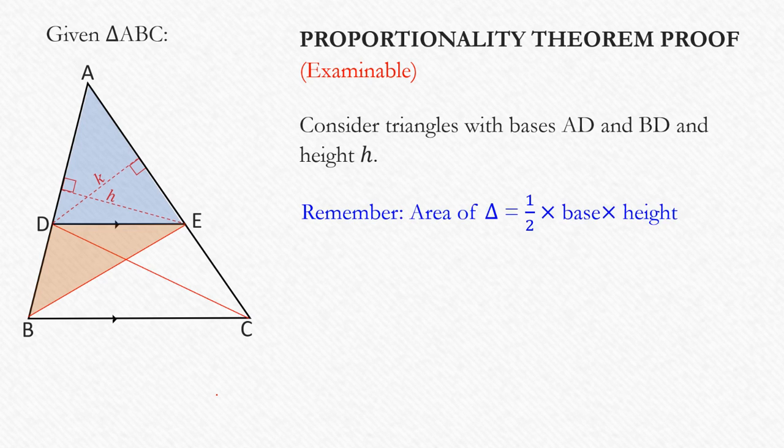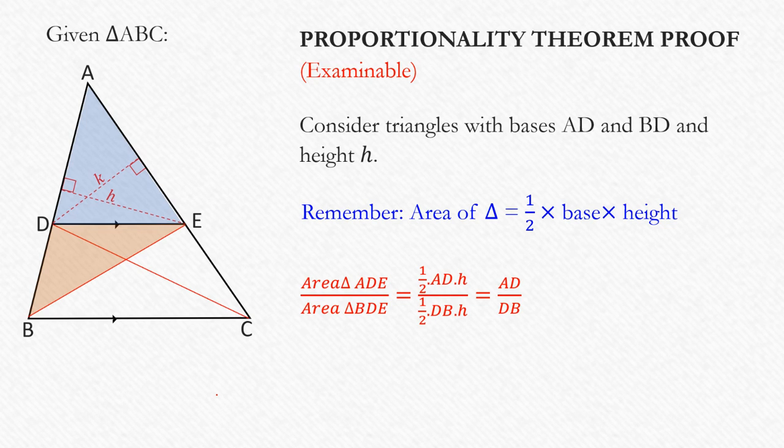So the area of triangle ADE, the bluish triangle, over the area of triangle BDE, the brownish triangle, is half times base, our base is AD, times height, which is H, over half times base.